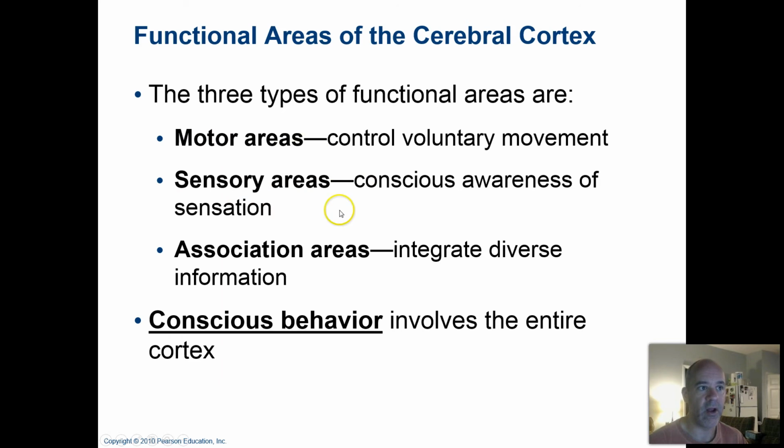These are neurons within the cerebral cortex that allow you to perceive your senses. So your sense of smell, vision, sounds that you're hearing, touch, pain, those are perceived up here in the cerebral cortex. Then you have areas that are called association areas. These contain neurons that put together various bits of information.